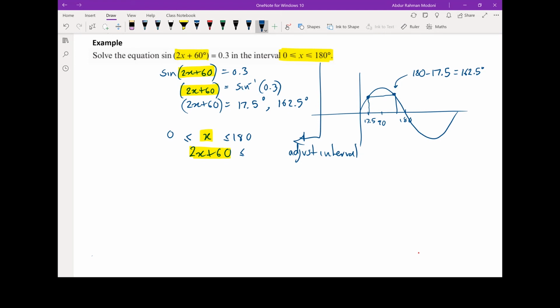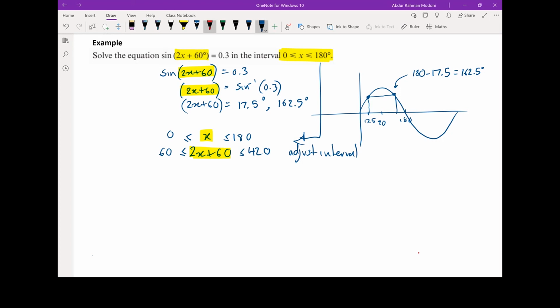So 180 times 2, which is 360. And then we're going to add 60 to that, and that gets us 420. And it's also greater than, so we're going to take the 0 here and times that by 2, which is 0, and add 60 to it. So that's a 60. So we need to find all our solutions for 2x plus 60 between 60 and 420.